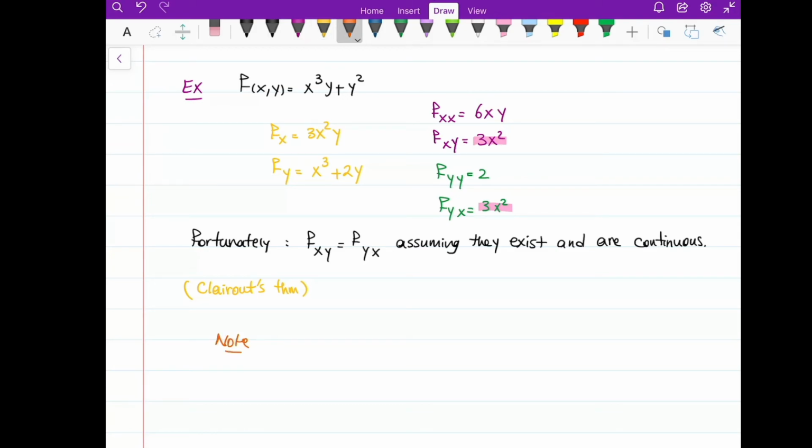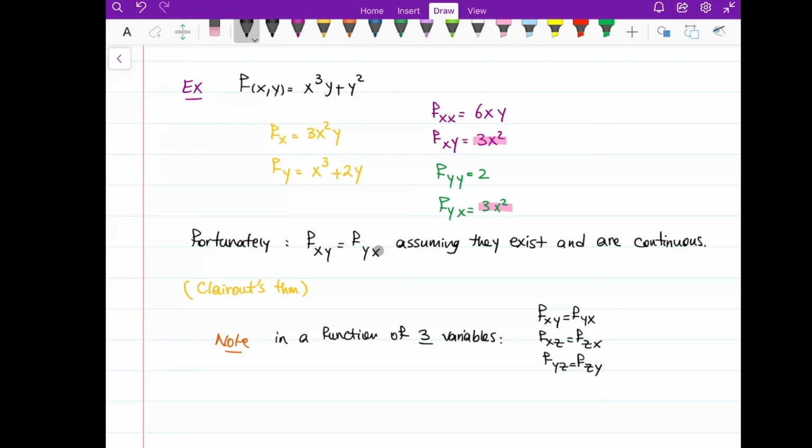So as a note, if we have a function of three variables, we have fxy is equal to fyx, we have fxz equals fzx, and we have fyz equals fzy, assuming that all of them they exist and they are continuous.